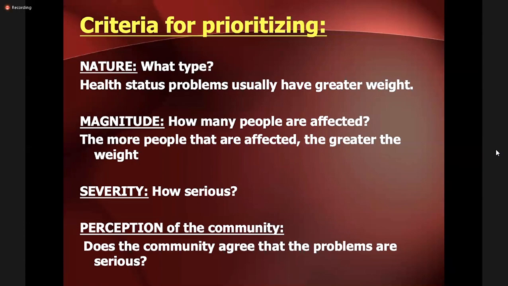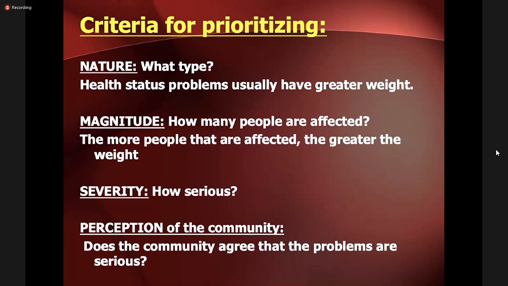When you say magnitude, how many people are affected? For example, with COVID-19, but if you look at it, the magnitude of the problem of TB is greater than COVID-19. So in magnitude, the more people that are affected, the greater the weight.